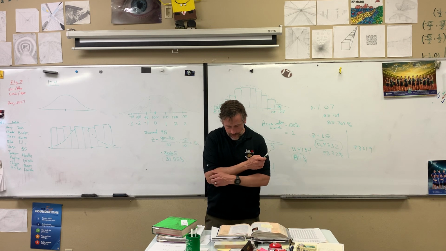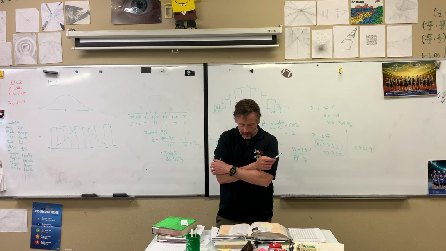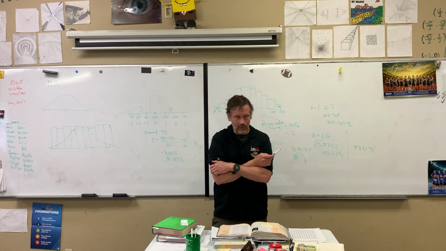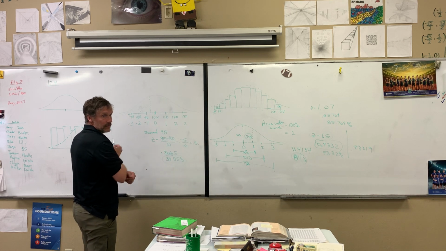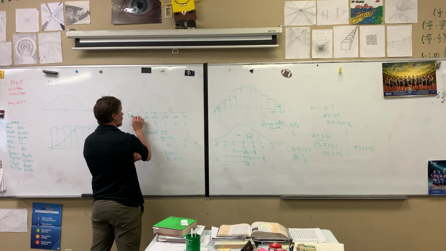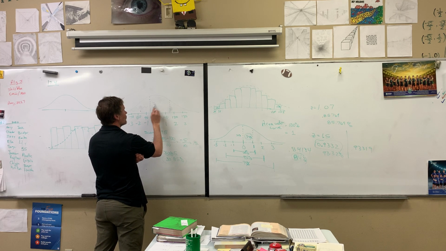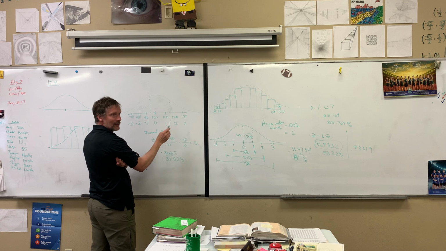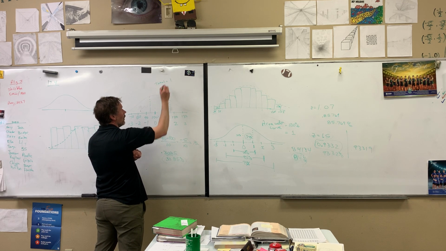So how do you figure out greater? This will be the last one I do, or we can do all of these. Greater than 115. So if I want to know greater than 115, that means up to 115. So it's just a geometry area problem. What's the total area? 1.